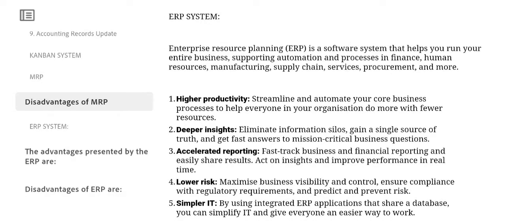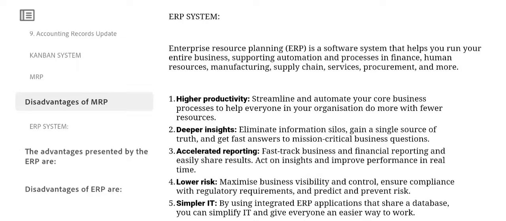Last part of material management systems is the ERP system. ERP system is called Enterprise Resource Planning system. Now this ERP is basically software which manages all the activities you have to do for managing the entire business or entire company. So let's see what exactly this ERP system is all about.